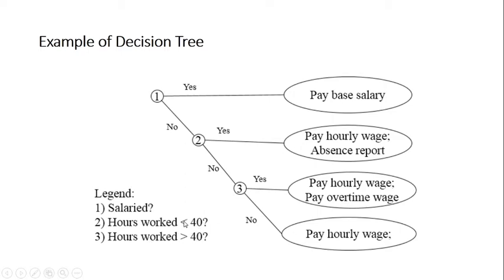If the number of hours is less than 40 or greater than 40, and the fourth condition is if it is equal to 40, right? That is represented here. I have just written the main conditions, whether it's salaried or not, right? If yes, how are you going to calculate the salary? If he works on an hourly basis, how are you going to calculate the salary? So just see, we have numbered this as 1, 2 and 3, and here these nodes are represented with this.